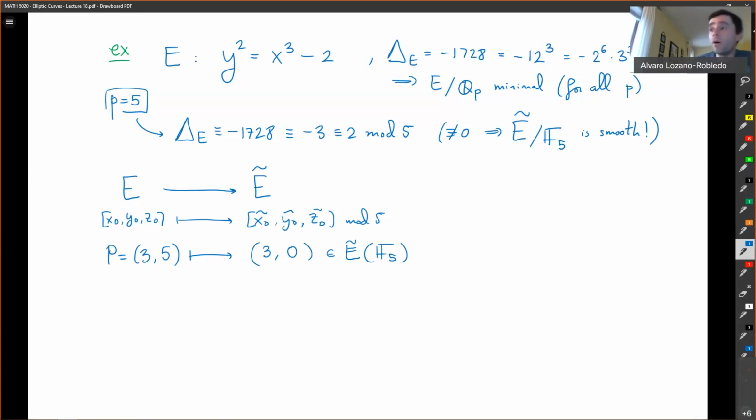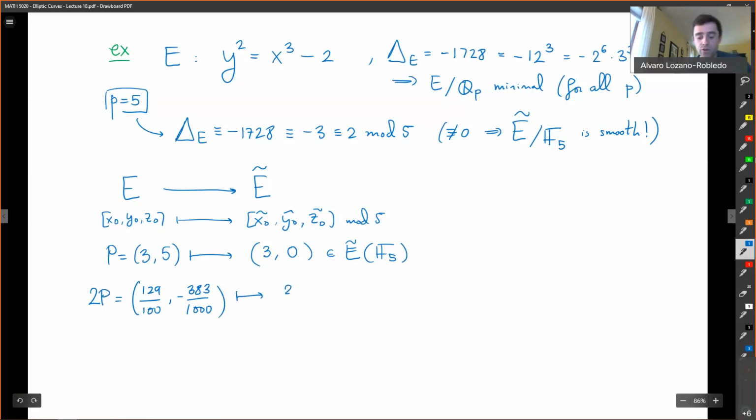Great. How about if I pick 2P? If you do the addition on E, it turns out that 2P is (129 over 100, minus 383 over 1,000). Now if I try to reduce it, I run into problems because I have 5s in the denominator. So I can't just reduce these two coordinates, but I can write it in projective coordinates.